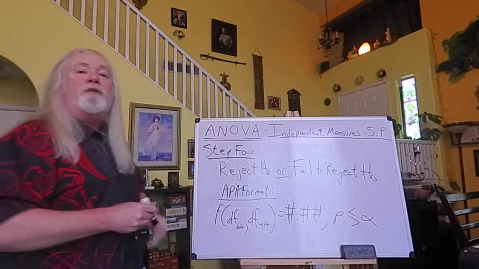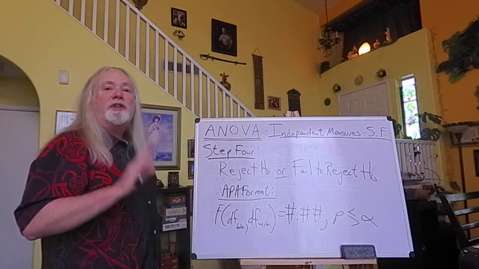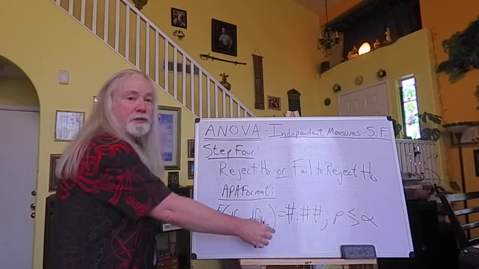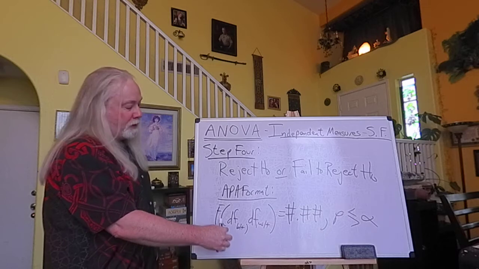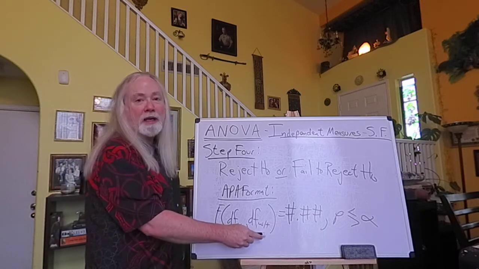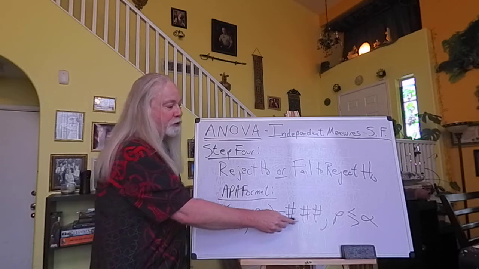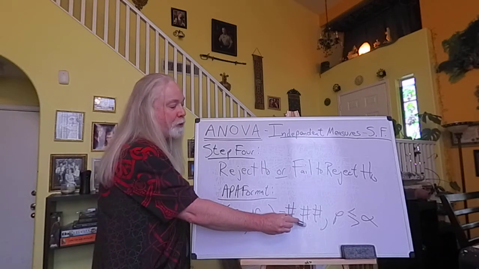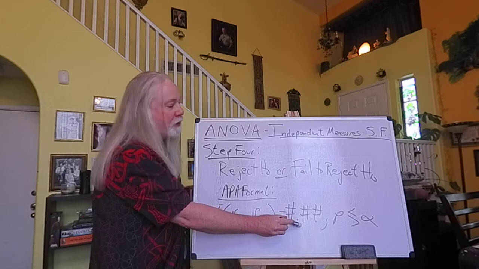So it's mostly the same format as we were doing for our T statistics. The only real difference is that there's 2 degrees of freedom values to report. So we write our F, and then in parentheses, our degrees of freedom within and between. Close parentheses equals what we calculated, as always. This is the one in your calculator, not the one from the table.